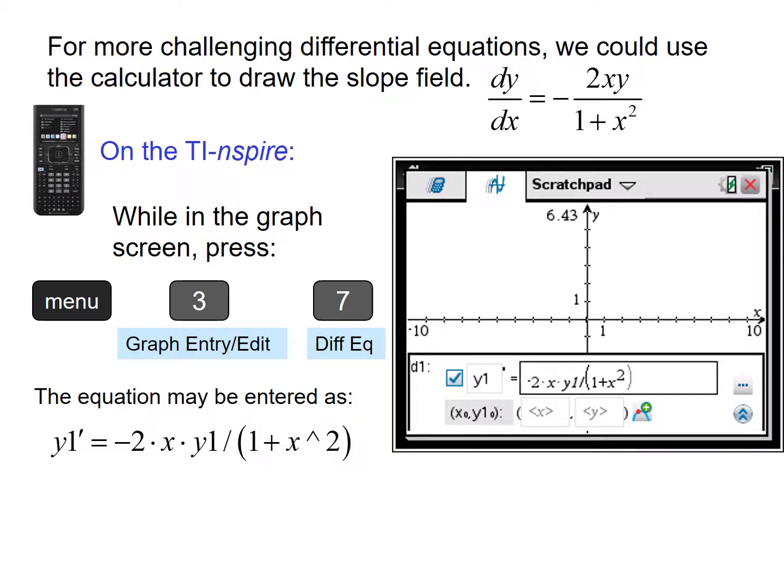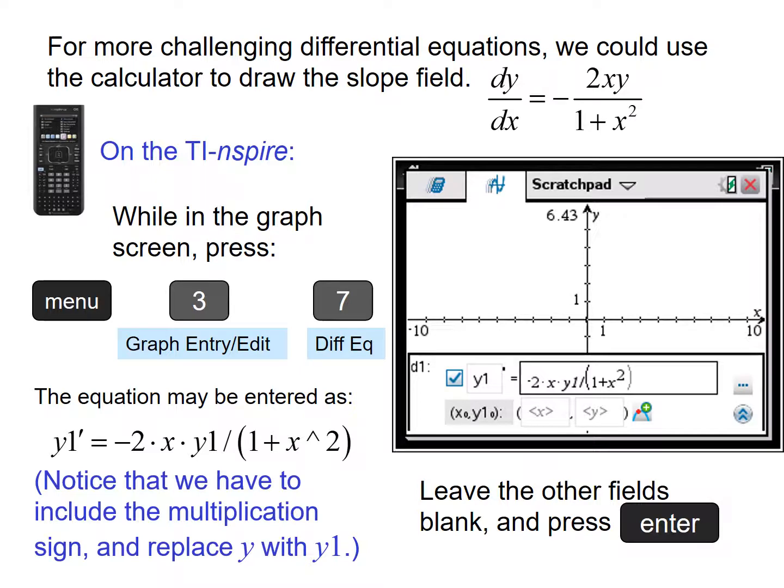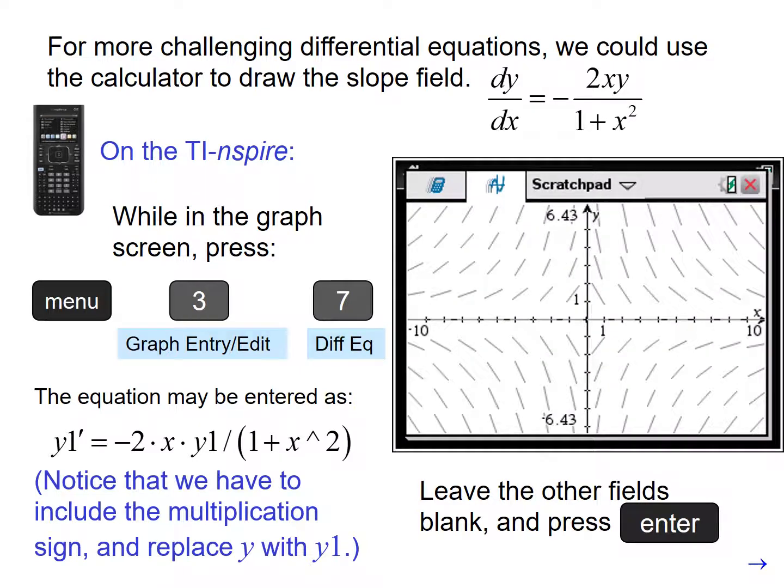Okay, so we can go to Menu, Graph Entry, Differential Equations, because we have an equation that's given in the form of a derivative. So y sub 1 prime equals, and we can type in our equation. Notice whenever we have y, we refer to that as y1 because it's referring back to the y on the left side there. And it gives us this.